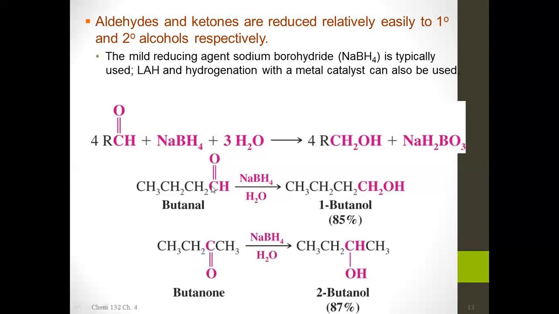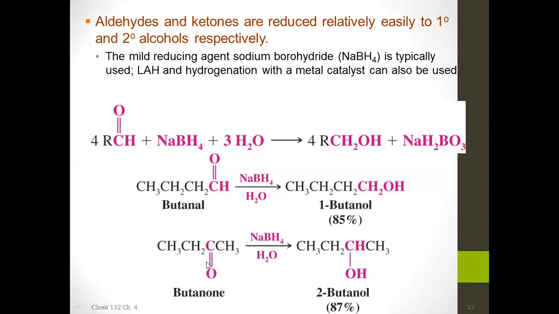And once it forms a bond here, the bond goes from here toward oxygen. So you will have your O minus, and of course you have your water. It can further give you your CH2OH in the process. Okay, and so here from an aldehyde you get a 1 degree alcohol. This is butanal, you actually get your 1 butanol.